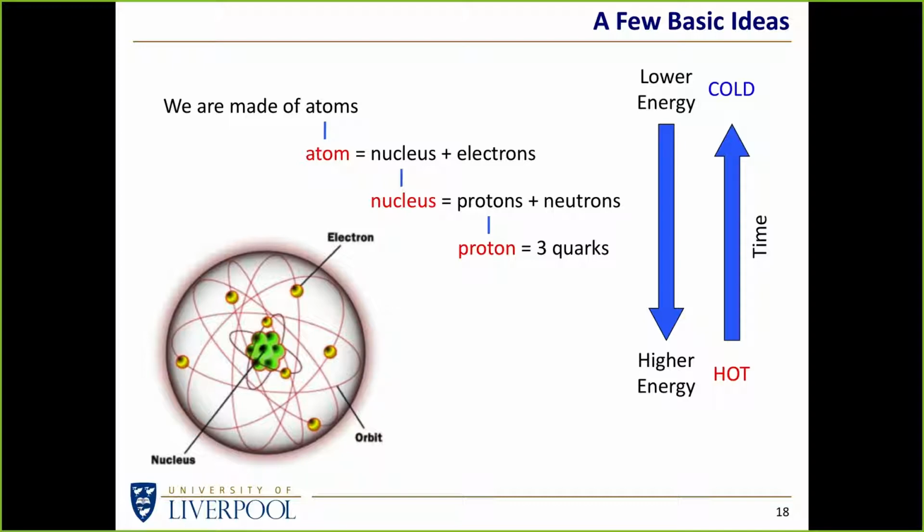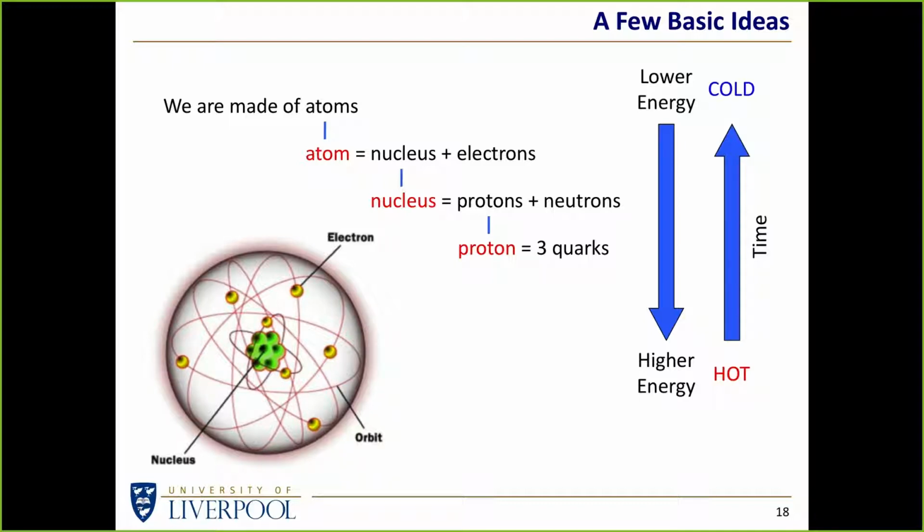And similarly, you have to wait until it's cooled even further before protons and neutrons can make a nucleus. Because if the universe is too hot, the nucleus will shake itself apart and separate into its protons and neutrons. And similarly, you have to wait even longer, until the universe is colder still, before you can make atoms and then make molecules and then make people.